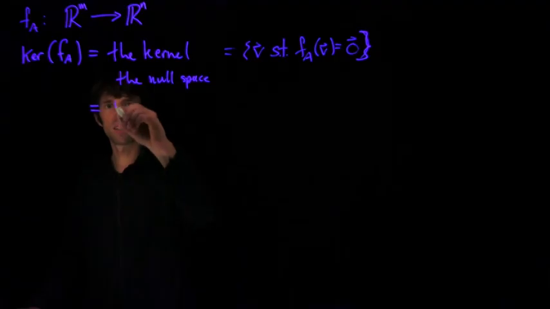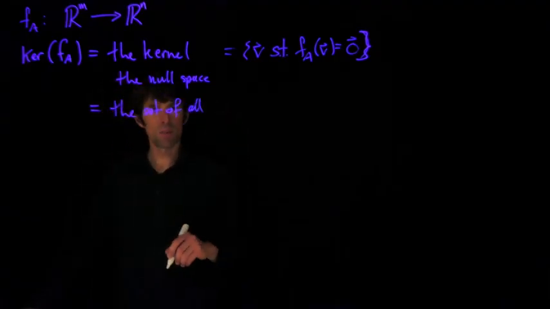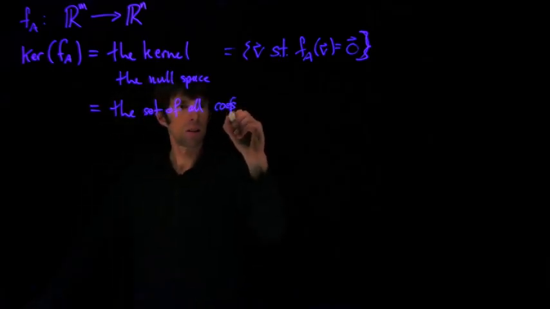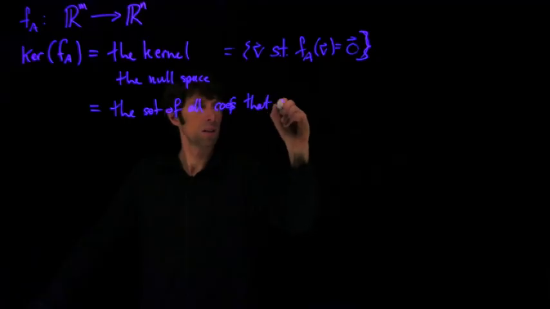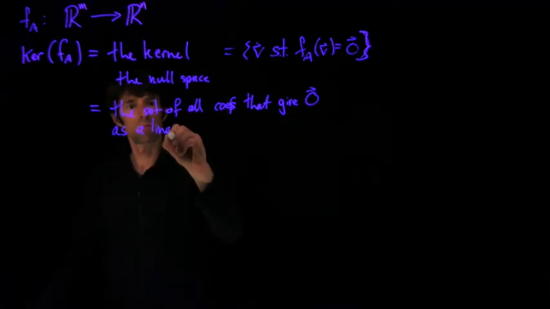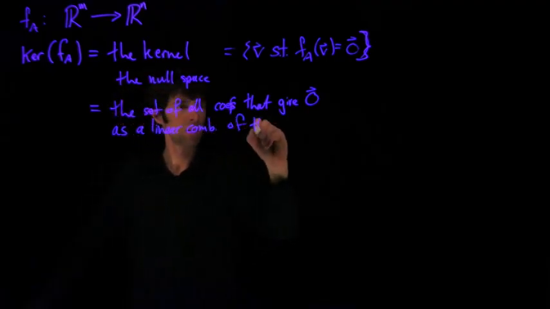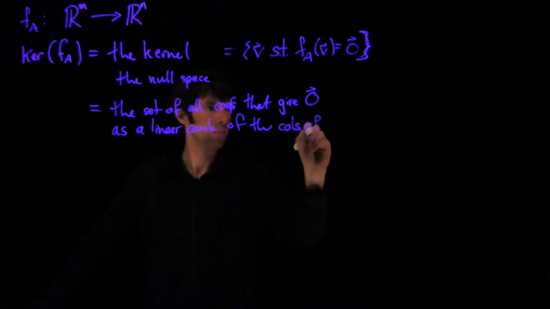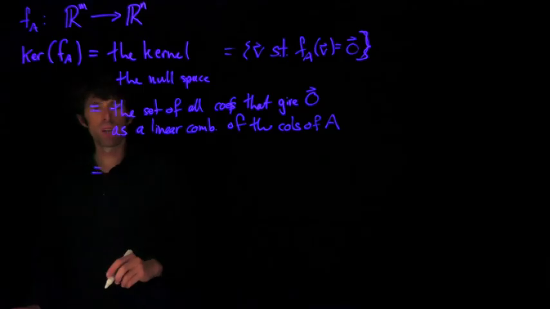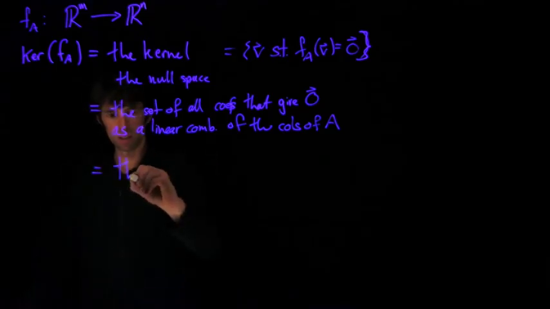So this is the set of all coefficients that give the 0 vector as a linear combination of the columns. And another way to say that, I used this term in a previous video, is this is the set of all linear relations among the columns.